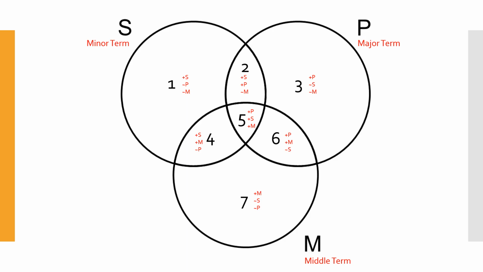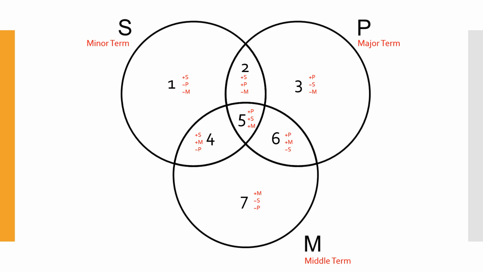If we move up to, let's say, number 6 here is one that is both a P and it is an M, but notice that it has nothing to do with the S circle. If we go right to the middle with number 5, notice that the position 5 is a P and an S and an M all at the same time.